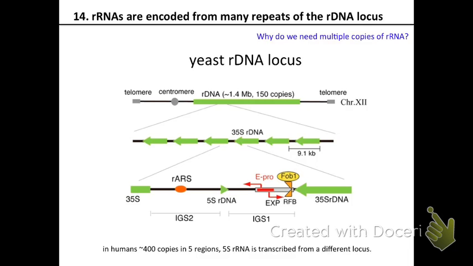So here's a question. Why do we need so many copies of the rRNA genes? What does ribosomal RNA do? You learned about ribosome structure. They're integral components of the ribosome.